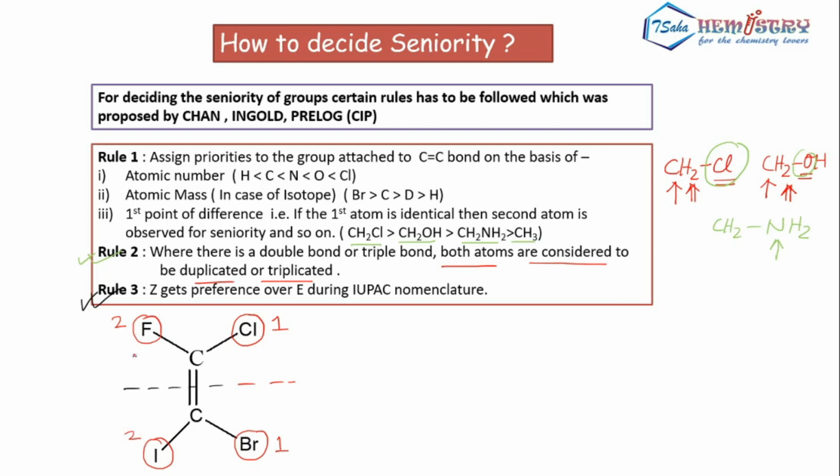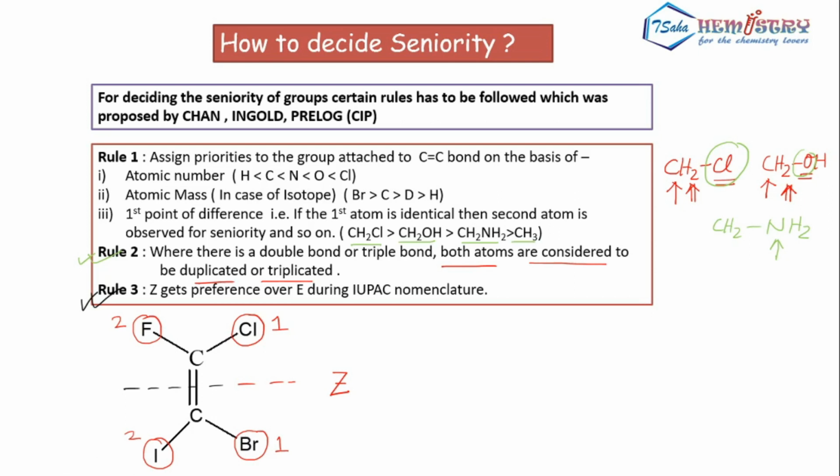So the 2 senior groups are present on the same side, and the 2 junior groups are present on the same side. So the configuration should be Z. This is the way we can decide E and Z nomenclature.